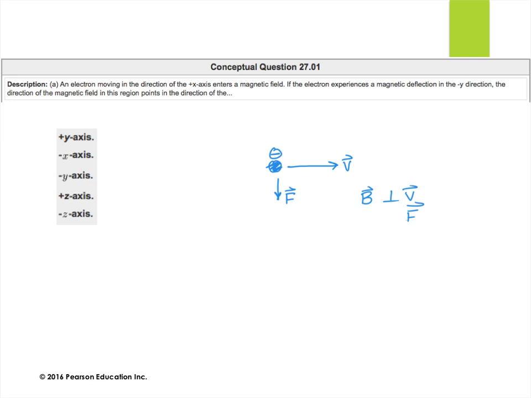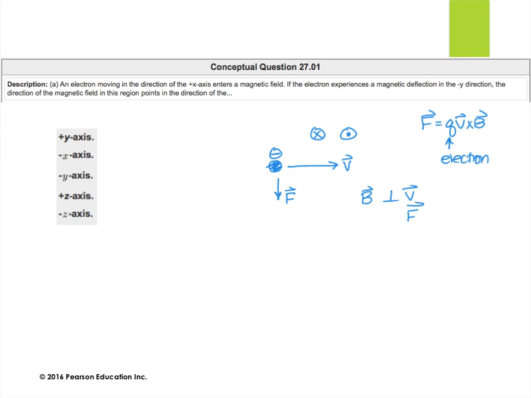And so since the force and the velocity are in the plane of our screen, our magnetic field is either into the page or out of the page. And honestly, we can just check using the right-hand rule for both of these to see which would give a deflection or a force pointing down. We're doing again, F is equal to QV cross B, and keeping in mind that this is an electron.